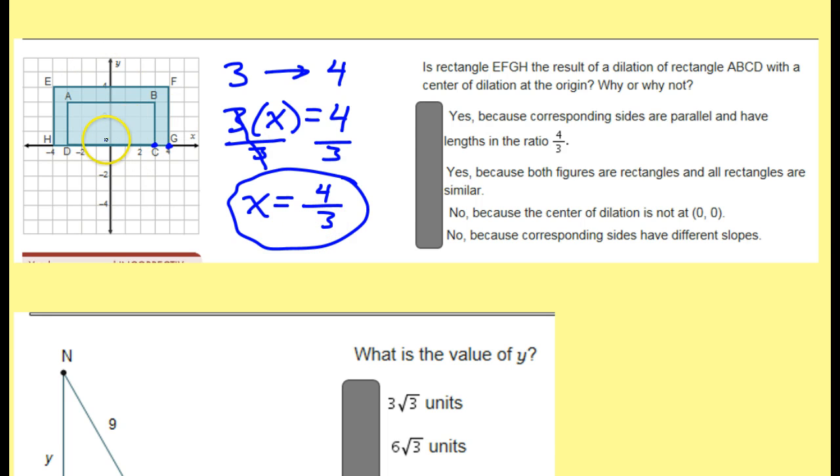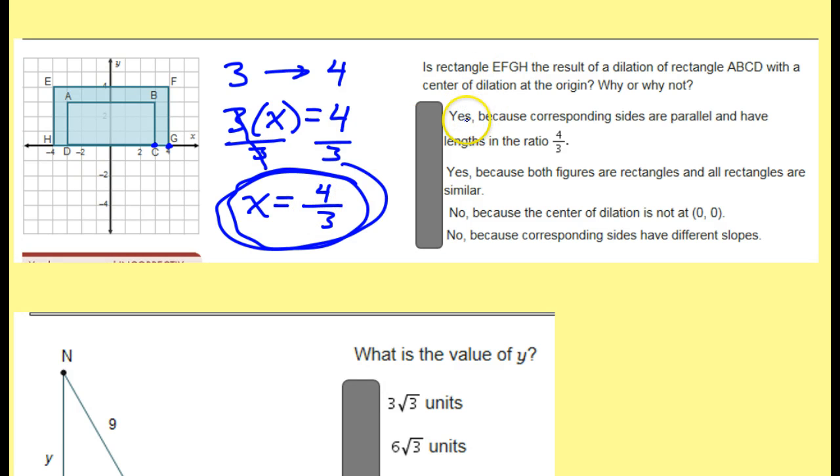Now just look all around and see if that happened in all dimensions. Going to the right, it went from 3 to 4. Going to the left, it went from 3 to 4. Going up, it went from 3 to 4. So it seems like everything is moving at a scale factor of 4 over 3. So this is going to be a dilation.